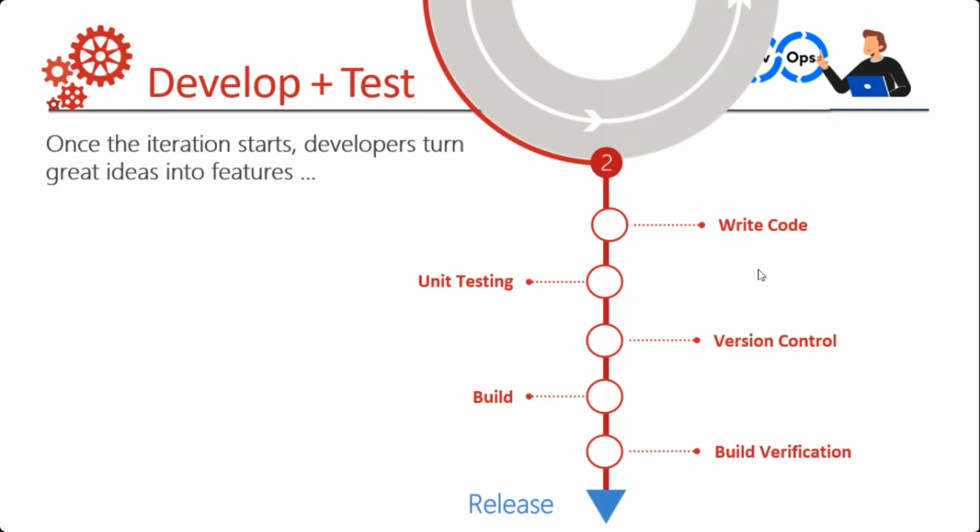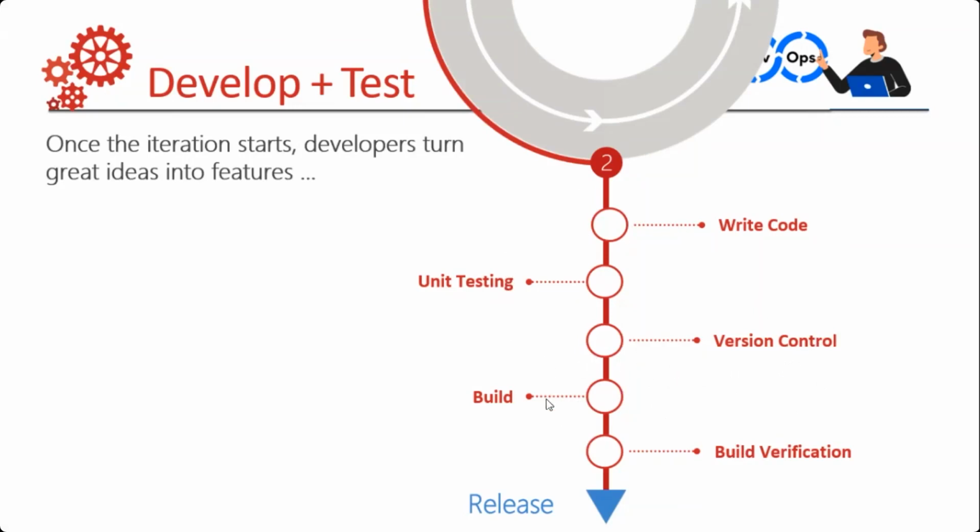Starting with writing code, the developer will perform unit testing. You need to know unit testing, to validate individual components. Then the code is committed to version control to ensure proper tracking and collaboration.